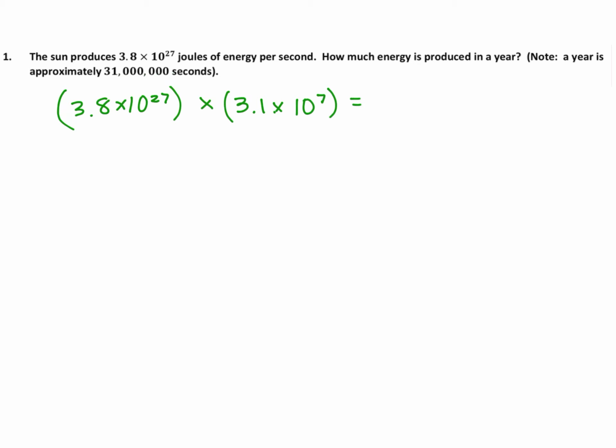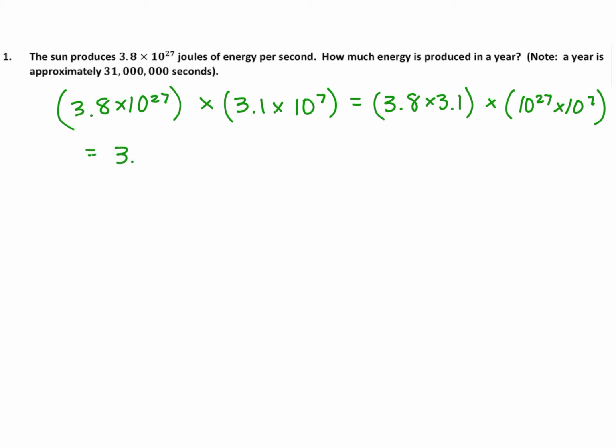When multiplying in scientific notation, we multiply the numbers out front together. So we will have 3.8 times 3.1, and we multiply the powers of 10 together. When you have a base that is the same and they're being multiplied, we can add those exponents.